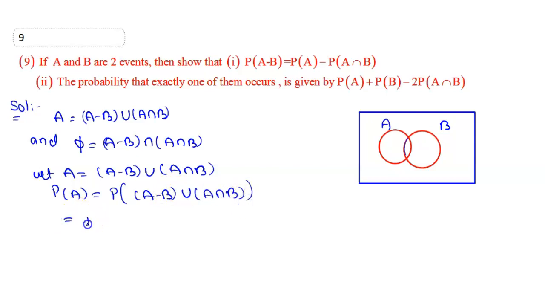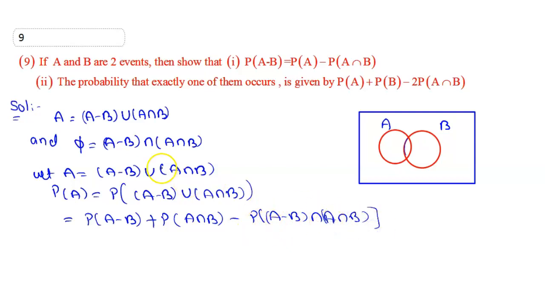So this can be written as P of A minus B plus P of A intersection B minus P of A minus B intersection A intersection B, right? So here by this condition, the intersection value is 0.